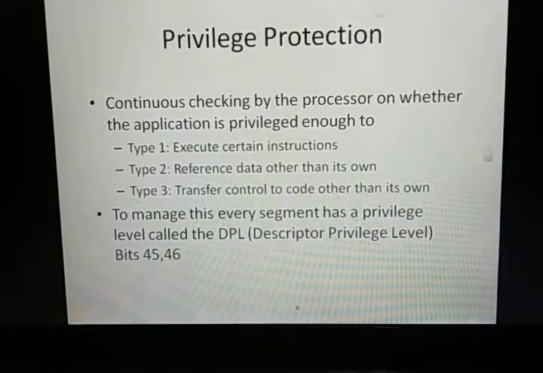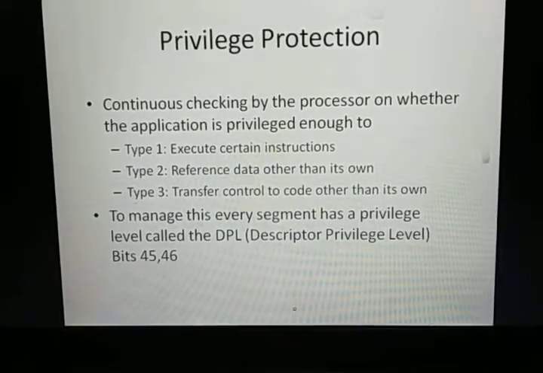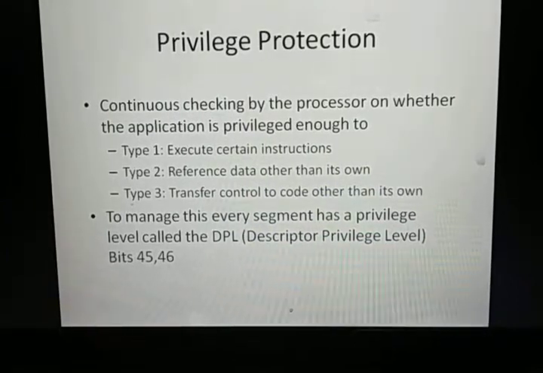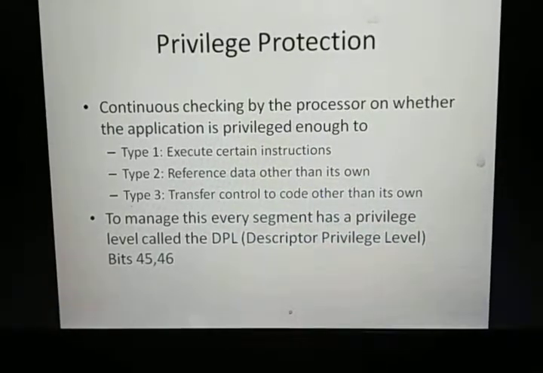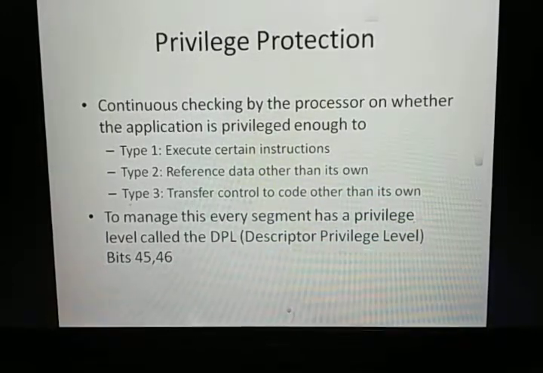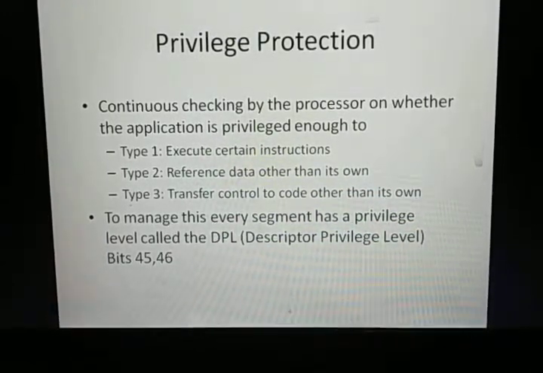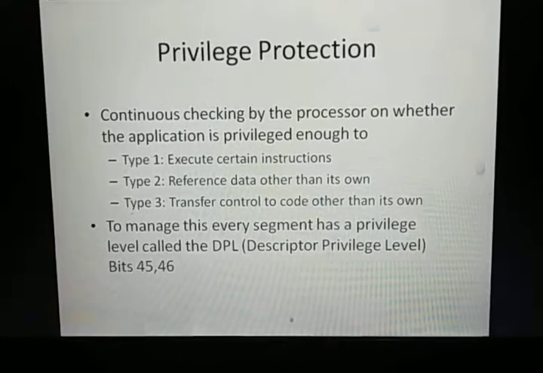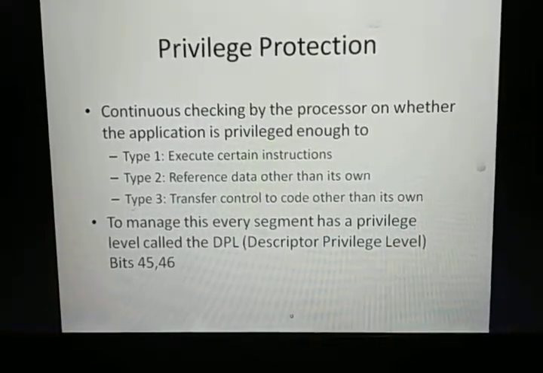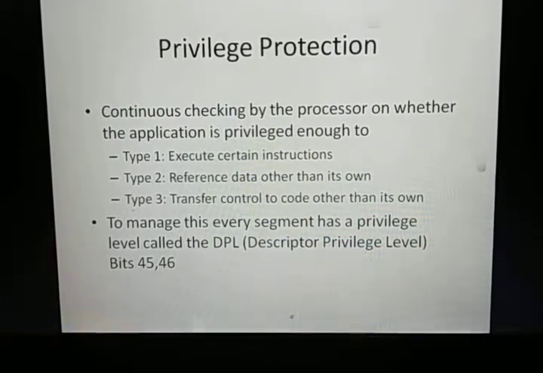For example, in the previous lecture we saw the IOPL field, the input output privilege level field, which resides in the E-flag register. For executing input output type instructions, we have to check the IOPL field, because we cannot execute these instructions directly, and likewise load and store instructions.